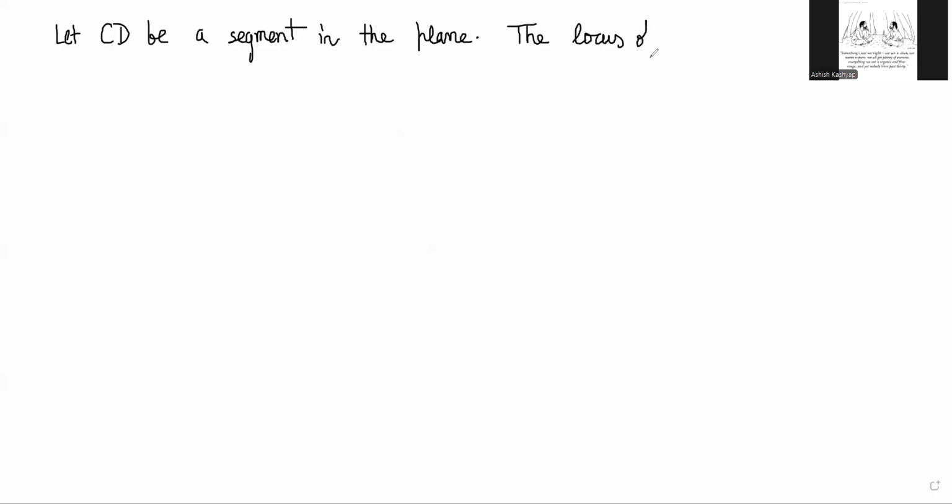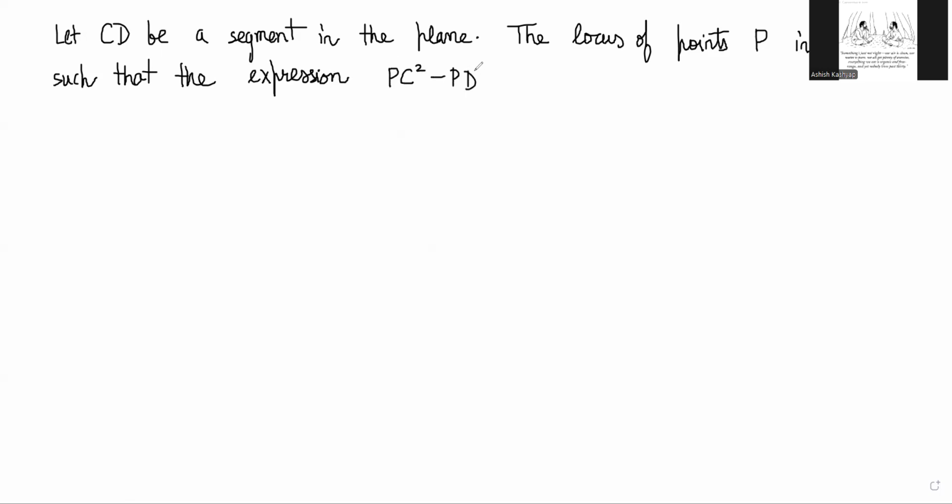So we can say that let CD be a segment in the plane, then we are going to first prove that the locus of points P in the plane such that the expression PC square minus PD square is equal to constant.